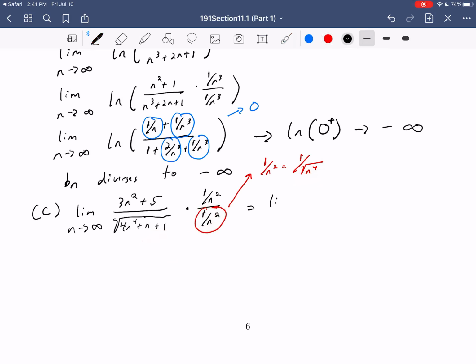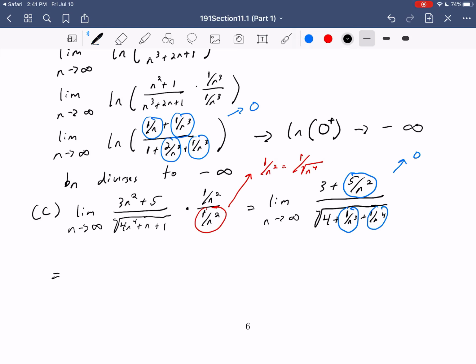So this is going to equal the limit as n goes to infinity of (3 plus 5 over n squared), divided by the square root of (4 plus 1 over n cubed plus 1 over n to the 4th). Now our standard trick that we've seen a bunch of times, each of these terms are going to go to 0.